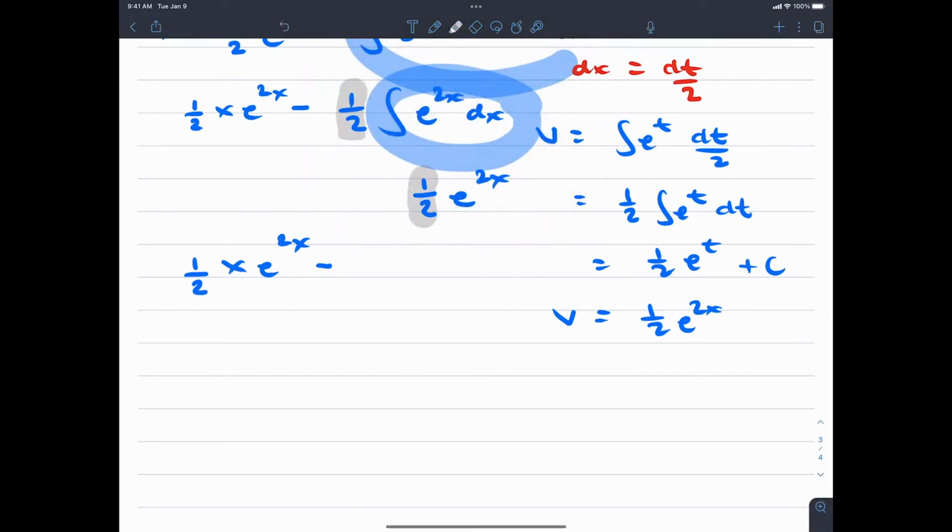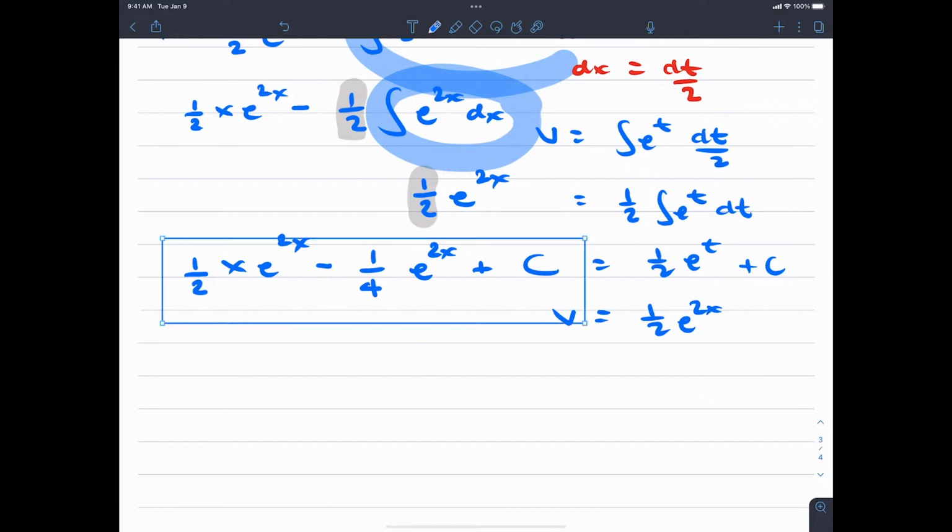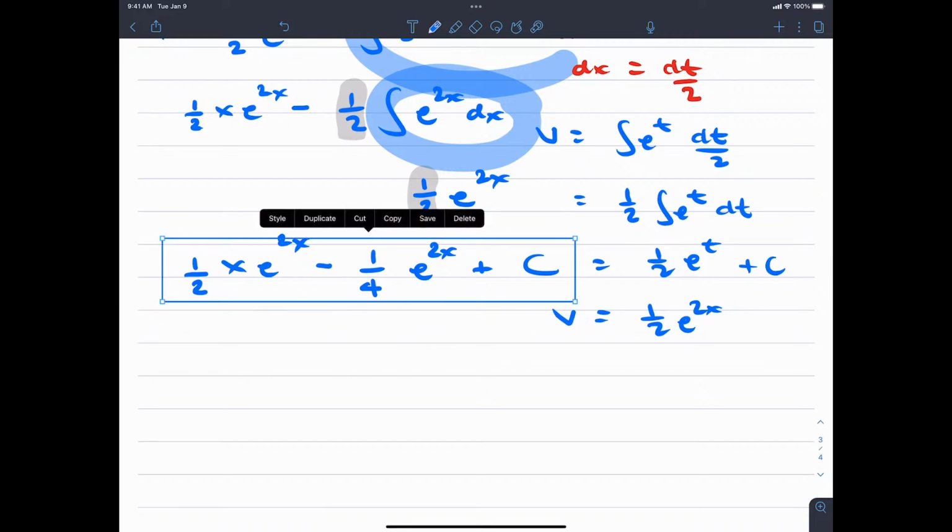What's 1/2 times 1/2? It's 1/4 e to the 2x, and now I can put that constant again at the very end. So ladies and gentlemen, there you guys go. That's again how you integrate. They assume you could do some u substitution on this.